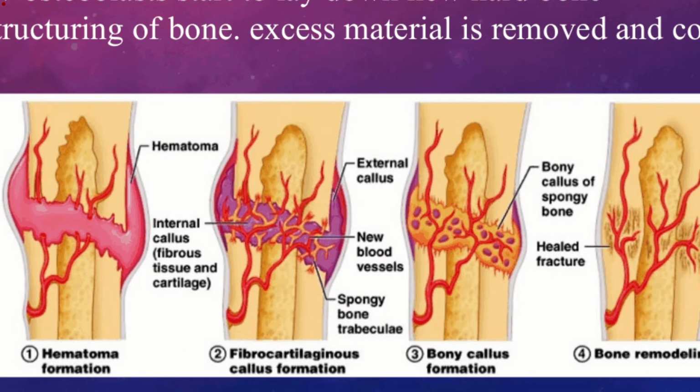So here's where we get the bruising. We stop the bleeding out of the damaged vessels here, right? And then we start to lay down some callus. That's the purplish kind of color in here. And you can see that we're starting to have some anastomosis of blood vessels and some bony tissue laid down.